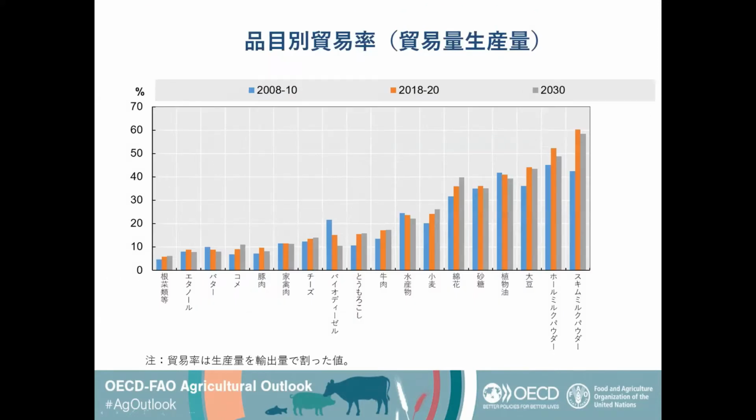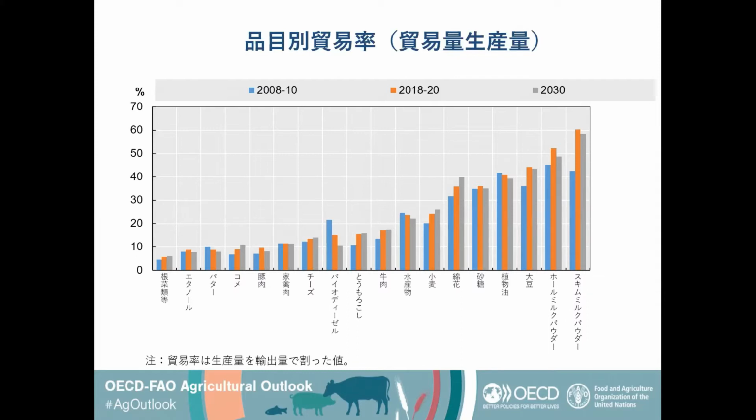And the intensity of trade, how much is traded, is different between different products. We had this 20% roughly as the average, but when you look at the different products we are covering, some are really traded a lot, especially the milk powders, which are produced to an extent that they can be traded, because it's so difficult to trade liquid milk.